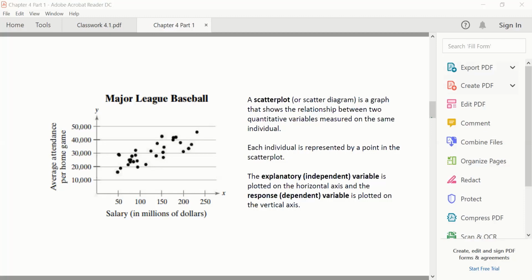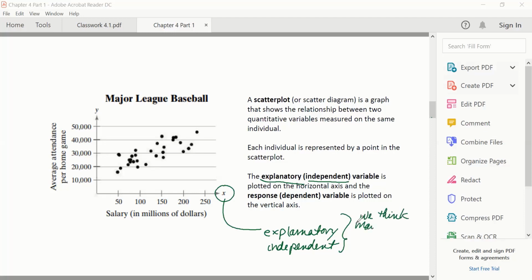Some important vocabulary is the explanatory or the independent variable, which is on the X or horizontal axis. This is the variable we think may explain or predict the other.